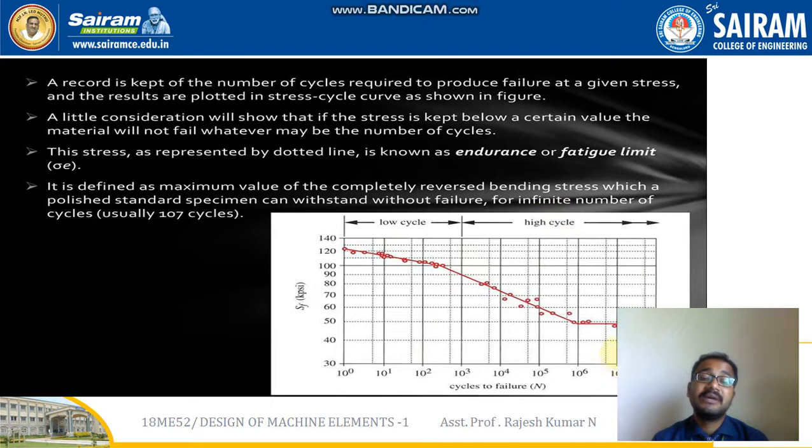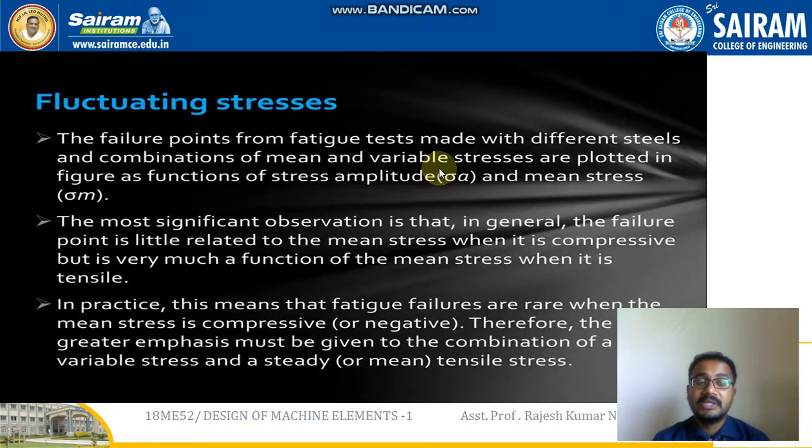That is very, very important. When your material successfully completes 10 power 7 cycles, that material need not be taken for any kind of fatigue test, because it is already proved that the material has the capacity to withstand failures.